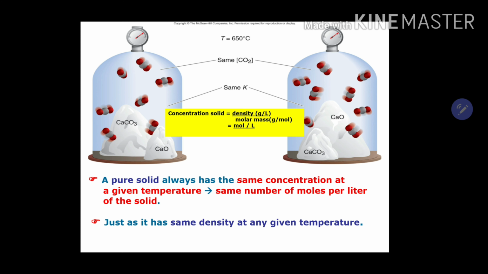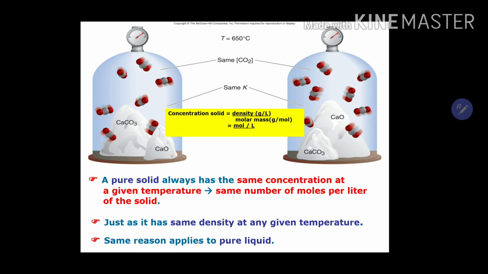In general, the concentration of any pure solid is independent of its amount, because its concentration is the ratio of its amount in moles to its volume in liters. If, for example, you double the amount of calcium carbonate, you also double its volume, but the ratio of the two, meaning the concentration, remains constant.